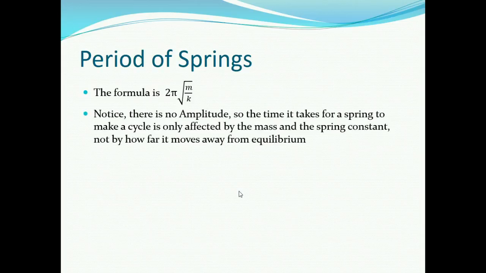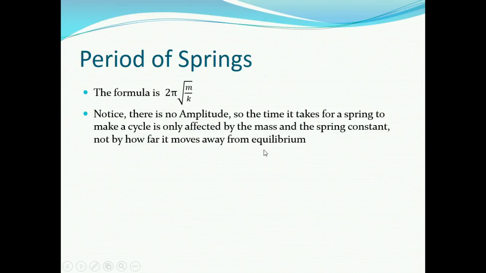Notice in this formula there is nothing related to amplitude. So the time it takes for a spring to make a cycle is only affected by the mass and the spring constant, not by how far it moves away from equilibrium.